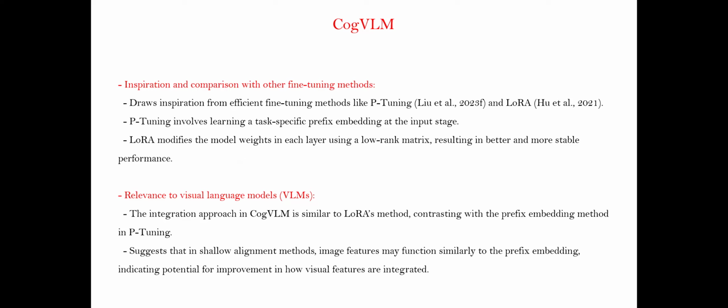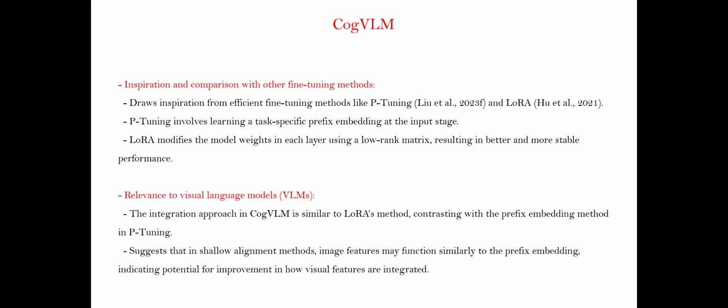It uses a shallow alignment method, which behaves like a prefix embedding learner, that is P-tuning, and it also introduces a trainable visual expert in each transformer block of the LLM. Because of that, it is not altering the pre-trained weights of the original language model. The additional knowledge required to solve the vision task is incorporated in the form of a visual expert.